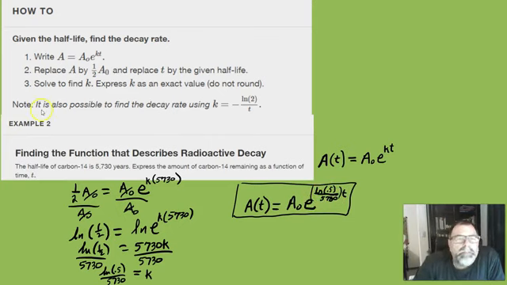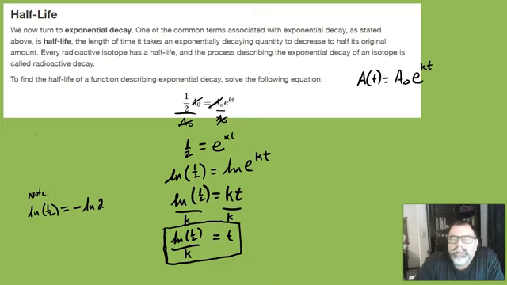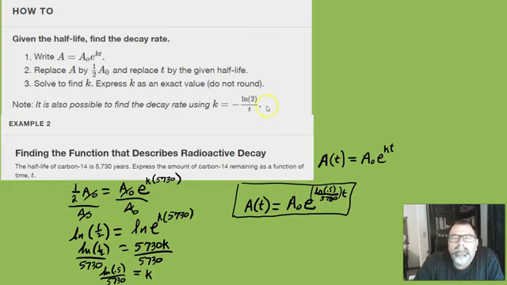Okay, I want to point out too that we could have saved some time. If you go back to this and solve this generically for k, so if you want to know the rate given time, we could have gone back to this process here, and instead of dividing by k, we divide by t, and we get this formula.